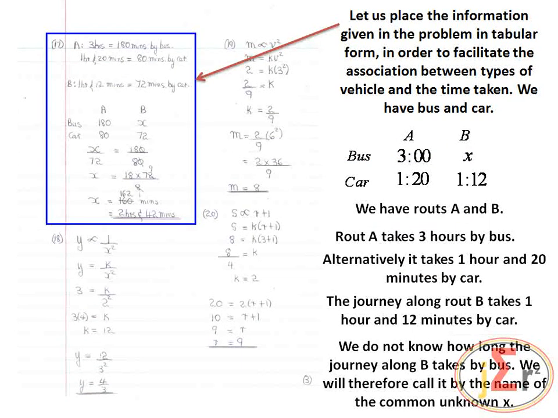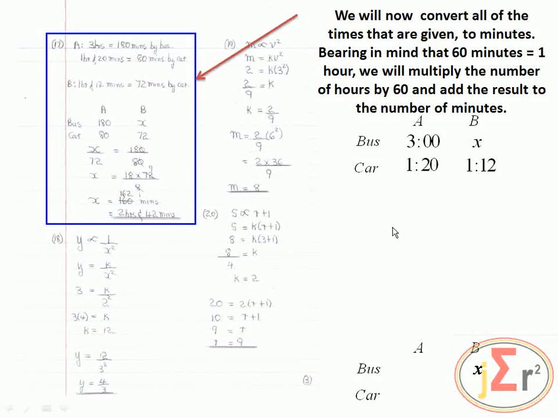Lovely. So we have all of the times, and they are associated with the route taken and the type of vehicle as we see in the table. What will we do next? We will now convert all of the times that are given to minutes, bearing in mind that 60 minutes is equal to 1 hour.